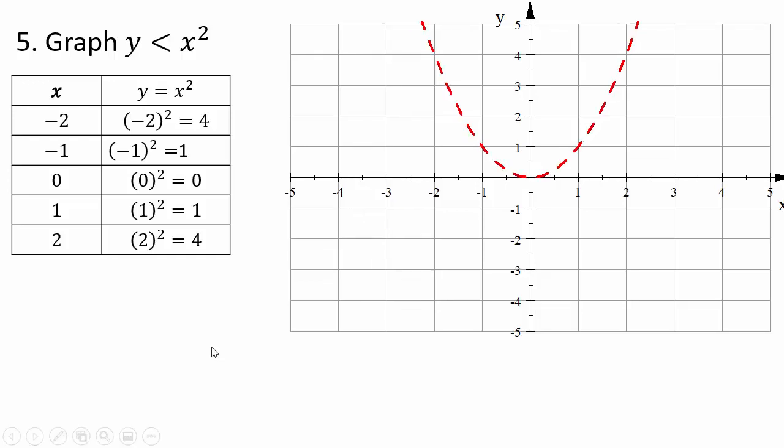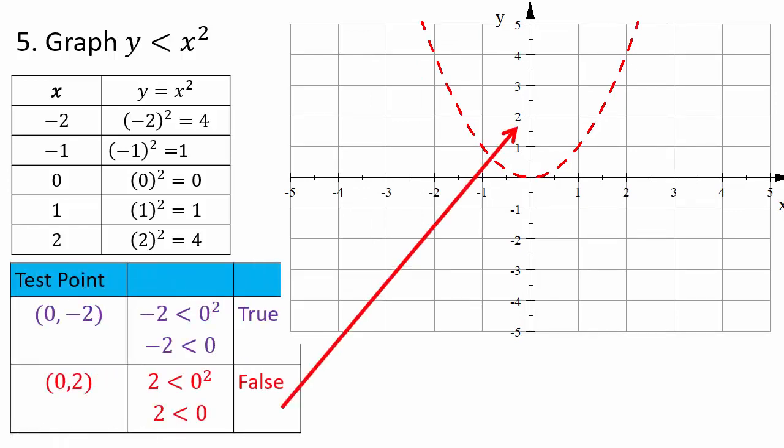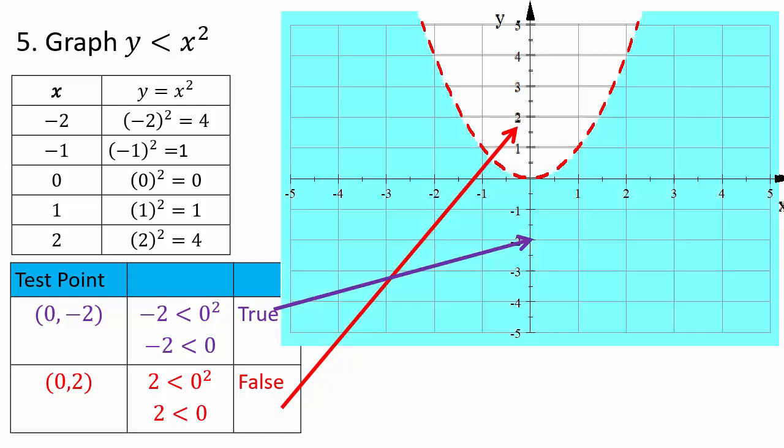Doing test points, we can see that (0, 2) is not a solution, and (0, -2) is a solution. So we would shade all the points below the curve y equals x squared. And so we have infinitely many solutions: (2, 0), (3, 0), (-2, 0), (-2, -5), infinitely many solutions here.